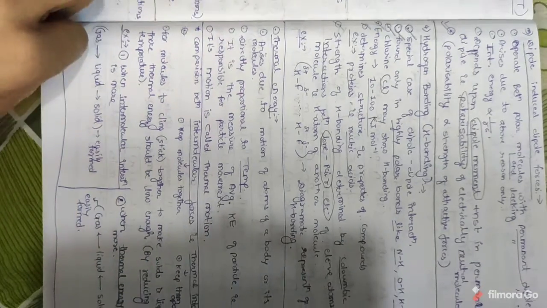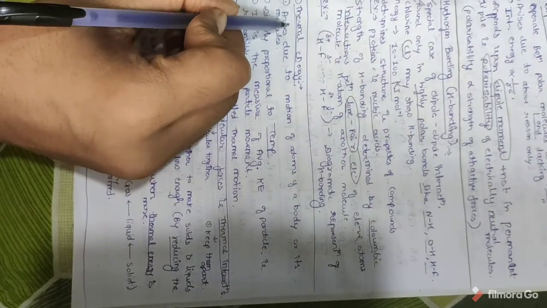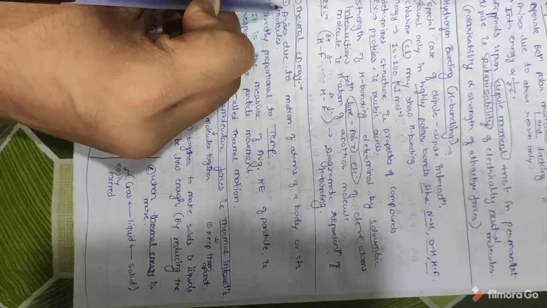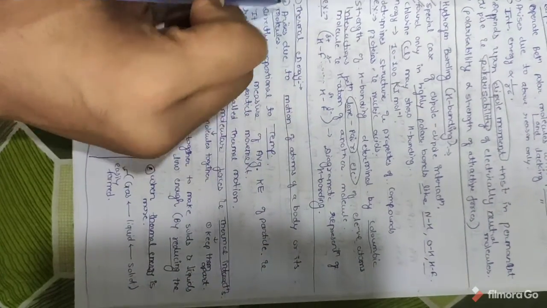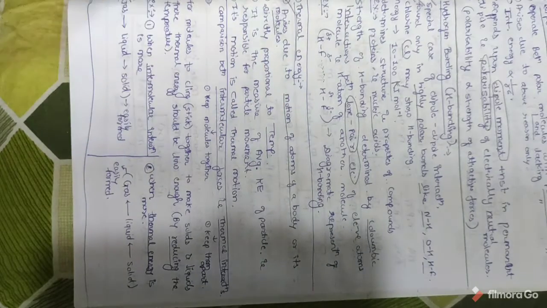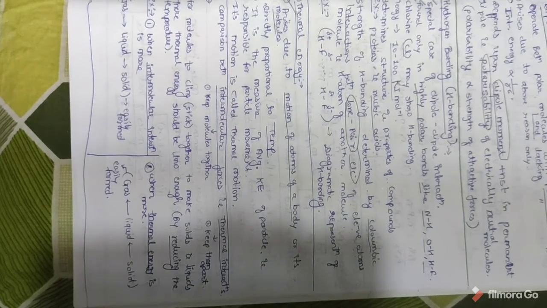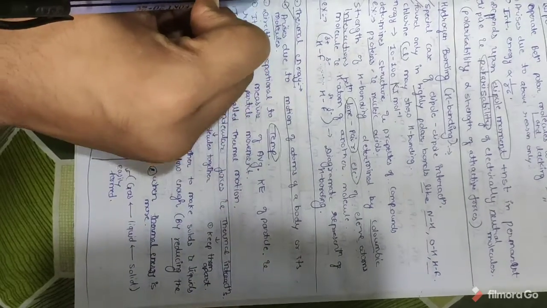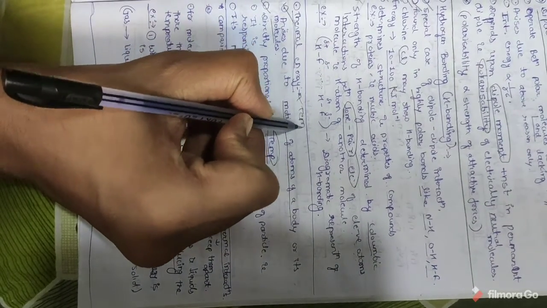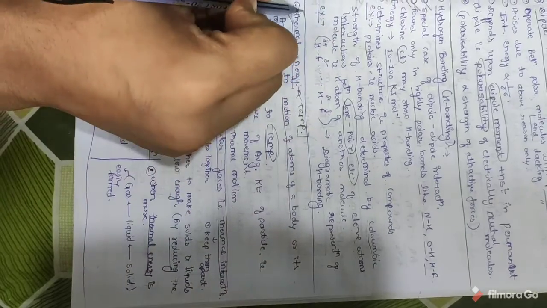So what is thermal energy? Why does it arise? It arises due to the motion of atoms of a body or its molecules. Very important. Due to their motion, the thermal energy arises. It is directly proportional to the temperature of a body, of a substance.